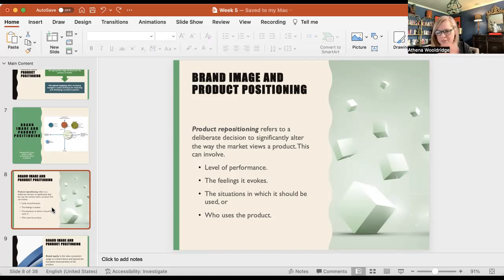Who uses the product? Sometimes we have to dive down and say, well, that's not working. We're not seeing this group purchase this as much anymore. So who's going to use that product? And that's why we reposition it, to try to jumpstart the product again, get more customers to use it, and generate more revenue from the sales of that product or service as well. That's why we do product repositioning.